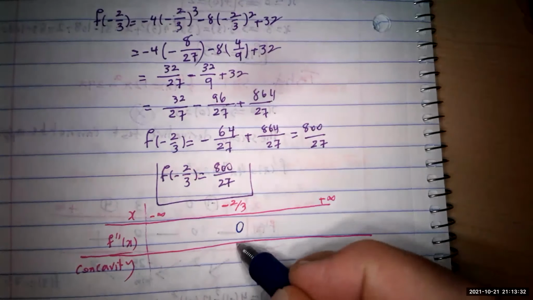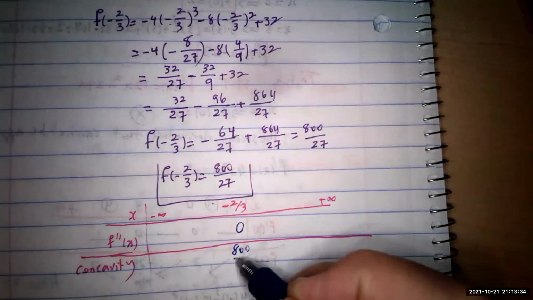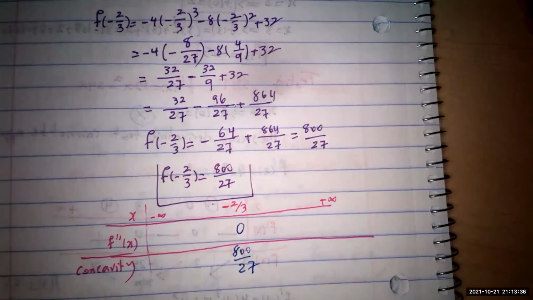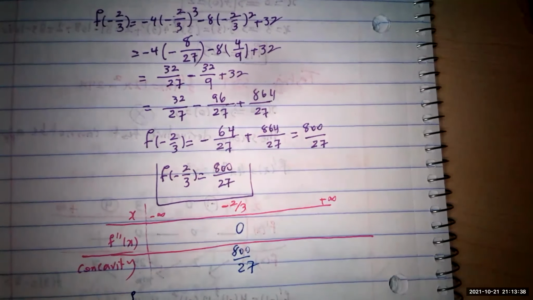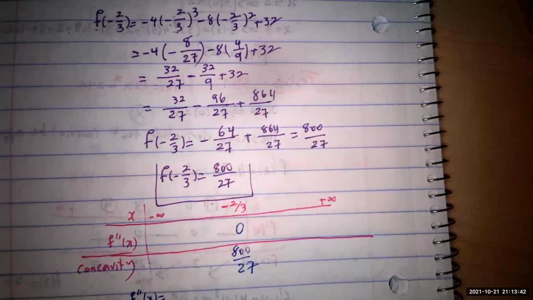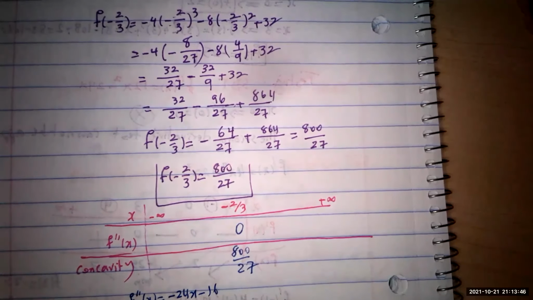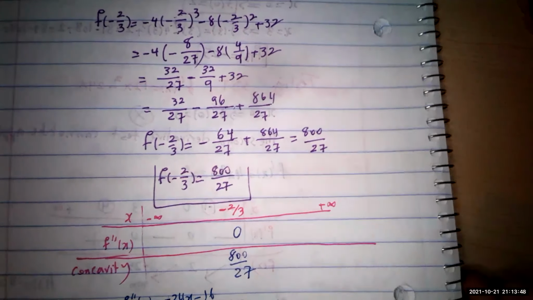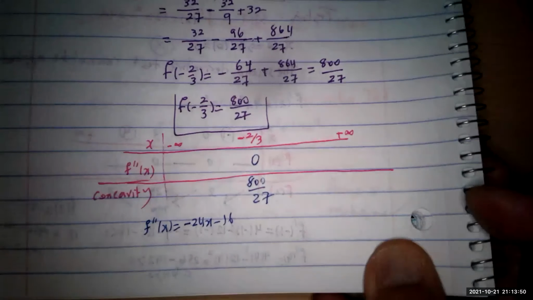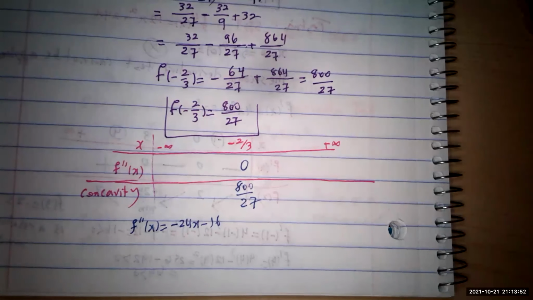And the value is 800 over 27. You bring f double prime and you test two numbers. What is f double prime? It's negative 24x minus 16. You need two numbers to find out where this is going to be positive or where this is going to be negative. Okay, we just take two numbers.